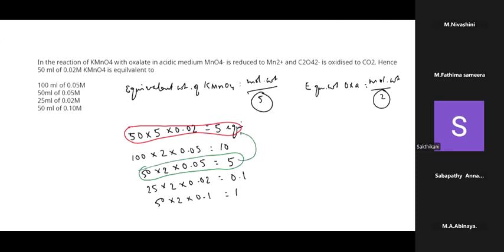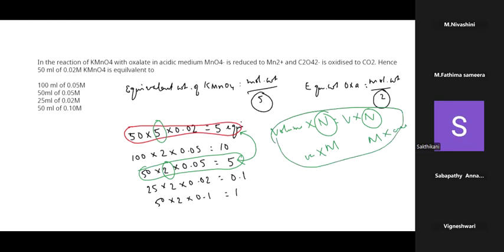So the main idea is the number of electrons transferred or the valency has to be included. So volume multiplied by normality will be equal to volume multiplied by normality. But instead of normality, molarity is given, which means on both sides the molarity has to be multiplied by the valency. Only when these two units are equal, the equivalence is reached. I suppose you understand this idea.